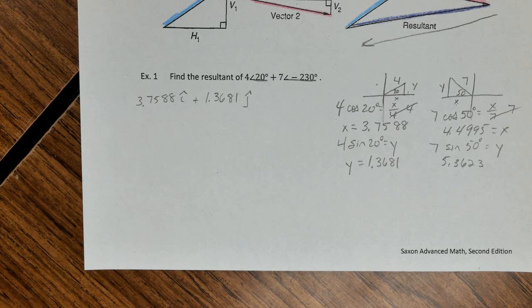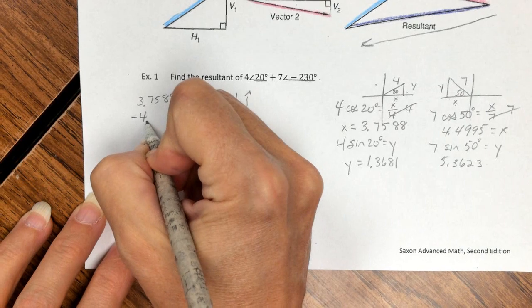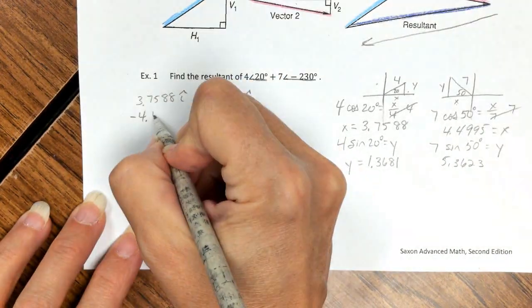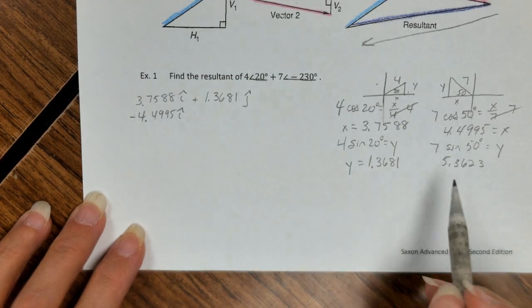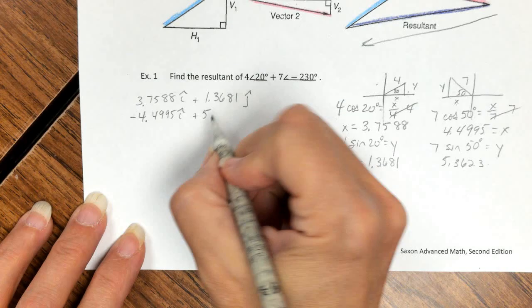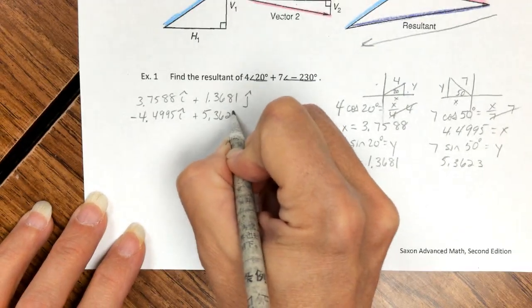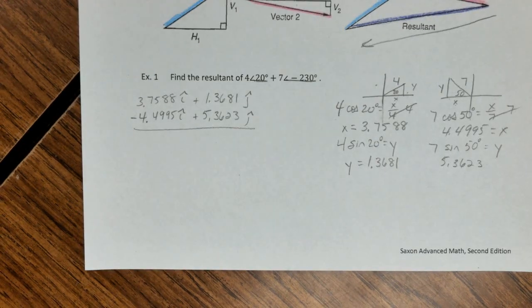The x is negative 4.4995i. The y is positive 5.3623j. Then we add.